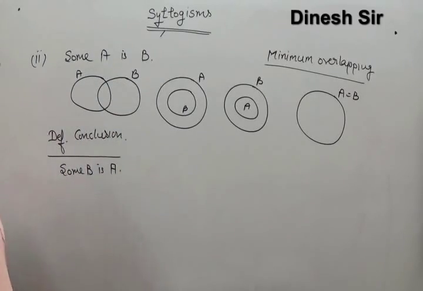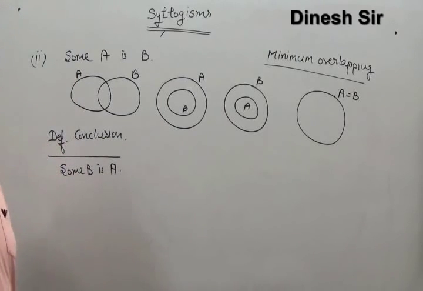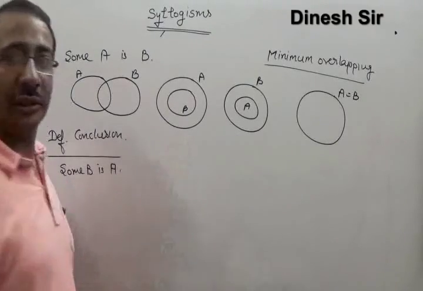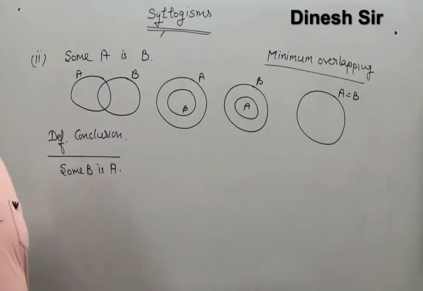No, I cannot say, because in this statement and in this statement I cannot say some B is not A. Sometimes it is in your mind that if you say some A is B, it means some A is not B. But that is not true. Why? Because in this case we cannot say some A is not B, as well as in this case also I cannot say some A is not B. It means when the statement is given as some A is B, the definite conclusion that I can draw is some B is A.